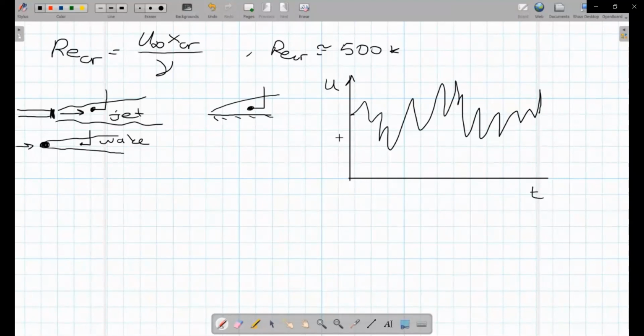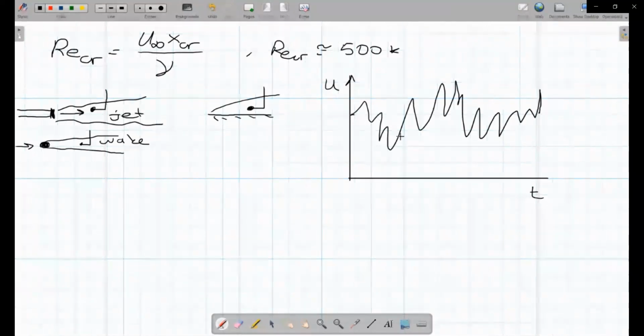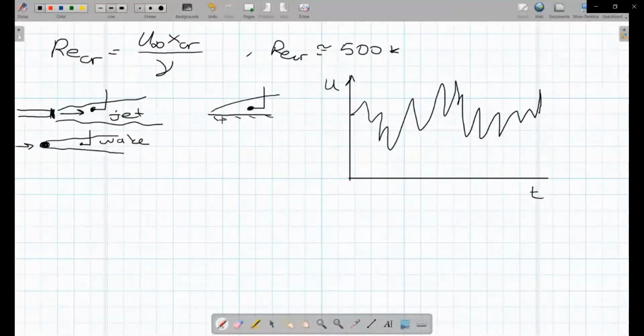So how do we derive equations for this? In order to analyze the boundary layer, we need an equation. To analyze any turbulent flow, we define two things. First, we define what we call the average of these velocities.